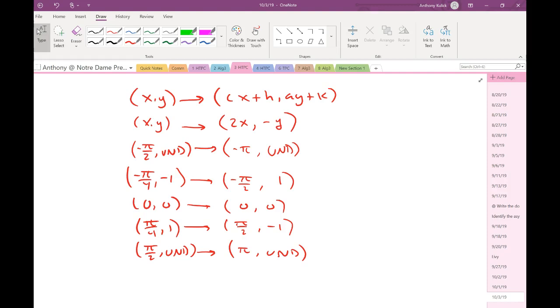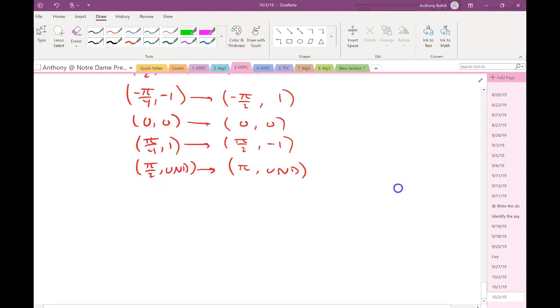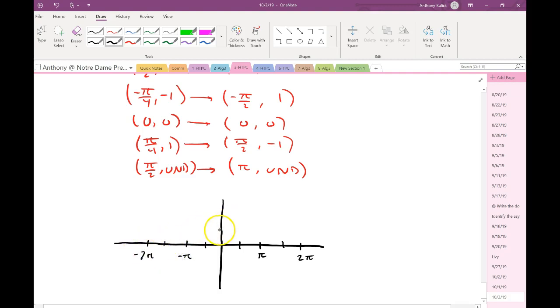All right, you guys ready? All right. So let's make an XY axis here. So I'm going to graph mine from negative 2 pi to positive 2 pi. All right, so at negative pi, I have an asymptote.